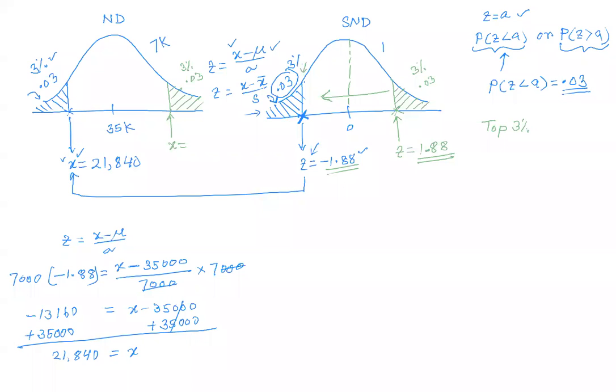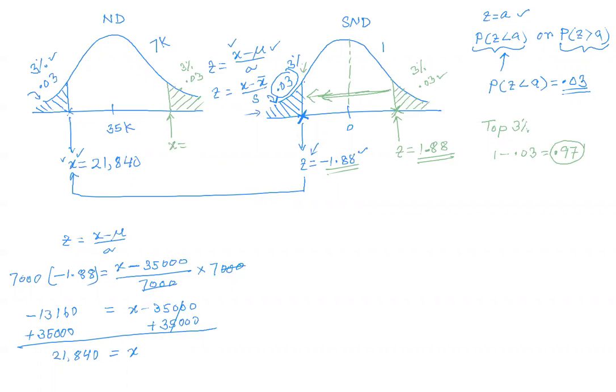So now what's going on here is this. You should not be looking for 0.03, but rather you should be looking for the area to the left of this z value, which is everything right here, all the way to negative infinity, which would be 1 minus 0.03, which is 0.97.